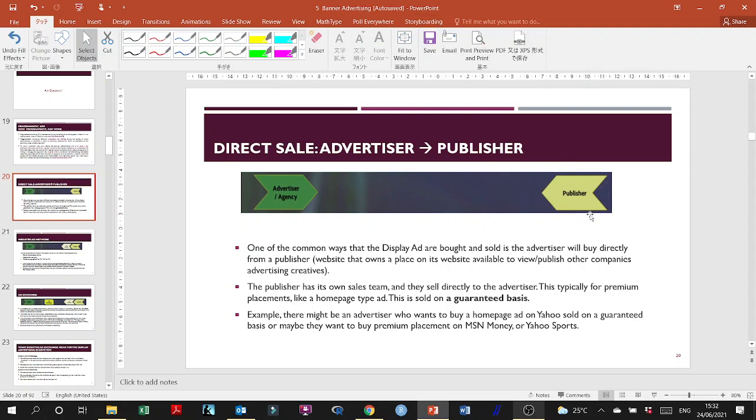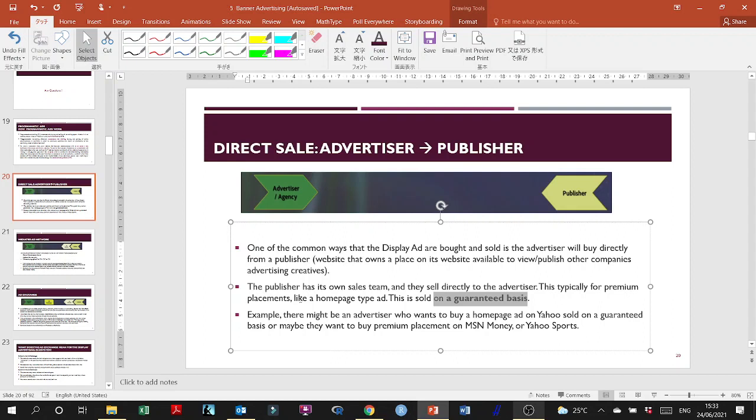And we already know that they have a specific traffic, for example, Yahoo Finance attracts an audience interested in the finance area. The publisher has its own sales team, of course, Yahoo for example, and they sell directly to the advertiser. And this is typically, we call it, contract based. It's a premium placement. So it is kind of a guaranteed basis. This is how we describe it.